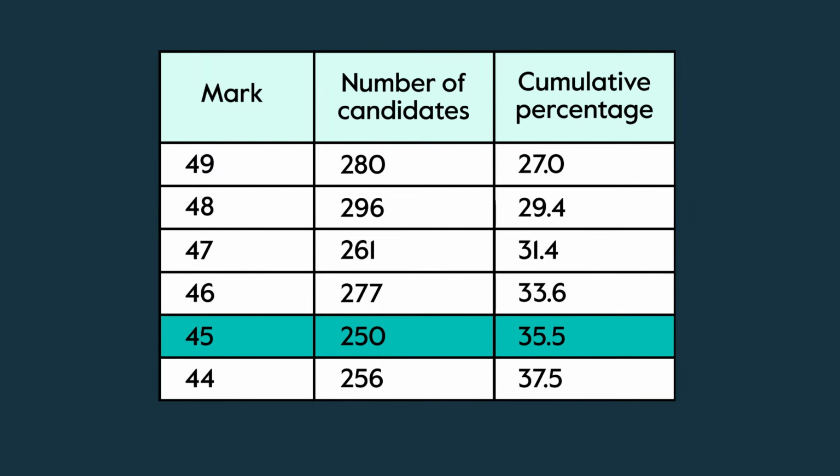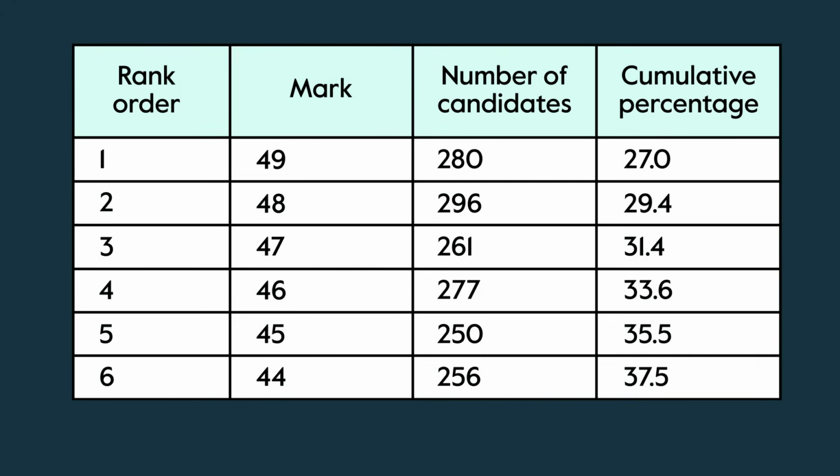In this example, the candidate's cumulative percentage is 35.5. This means that 35.5% of all Cambridge candidates worldwide who sat the same combination of components in the same exam series scored the same mark or better. It also means the candidate is 35.5% of the way down the rank order list.